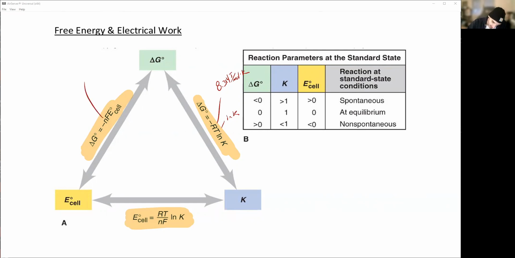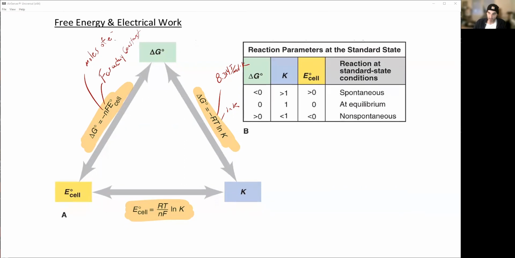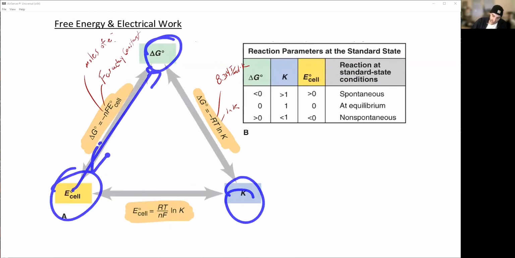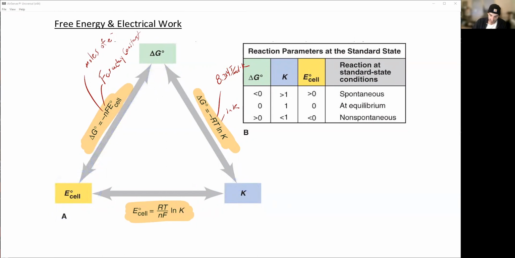I want to point out that n is the moles of electrons. F is the Faraday constant. Every single one of these is under standard conditions. And then we combine those together to get the E cell. We saw that these two were linked. Now we're seeing that E cell and spontaneity are linked, because that's what a voltaic cell is.